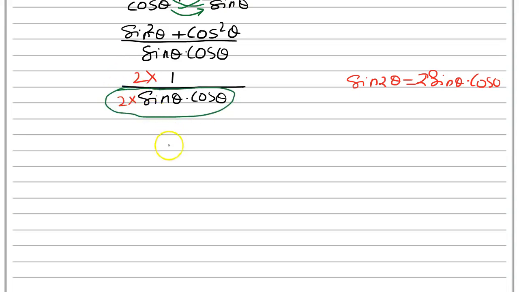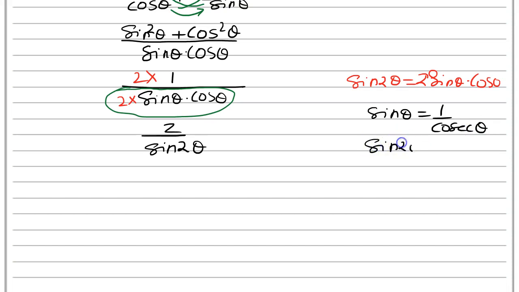This is the advantage. So we can write 2 divided by sine 2 theta, and we know sine theta is the reciprocal of cosec theta. So sine 2 theta will be 1 over cosec 2 theta. So here you can write 2 cosec 2 theta. That is your right hand side. Okay, so this was your first part.